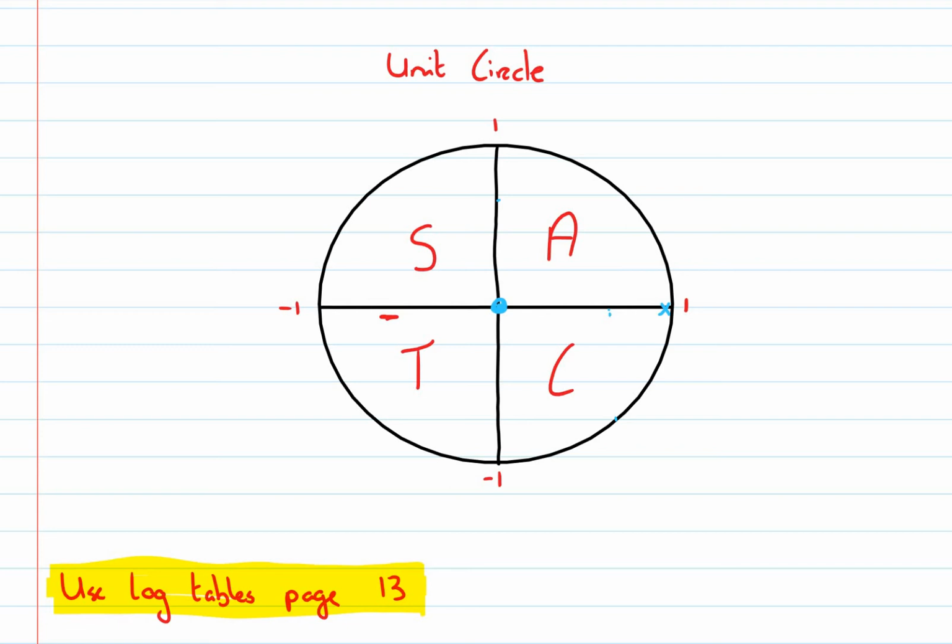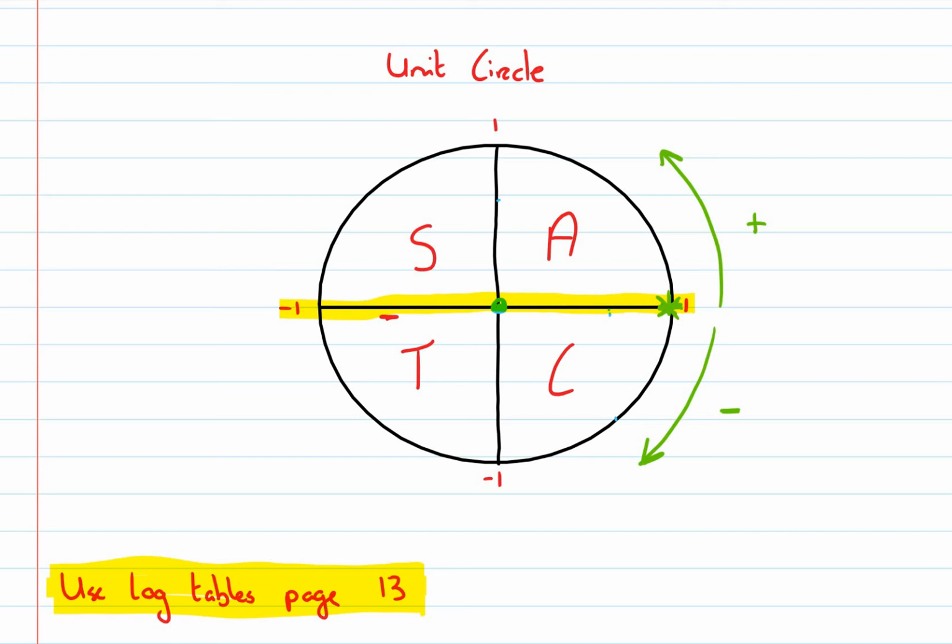Okay, so remember we said already we always measure from the positive x-axis. We always start our measurement here. Plus this way, minus this way. Also, this is a very important line here, this x-axis, okay, because from this axis we'll be getting a thing called a reference angle.